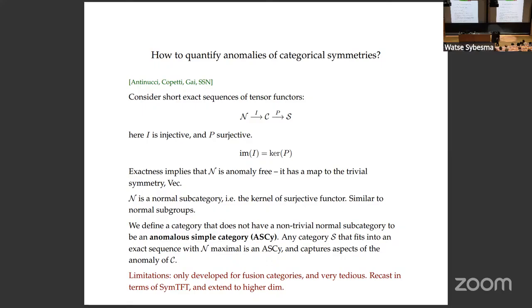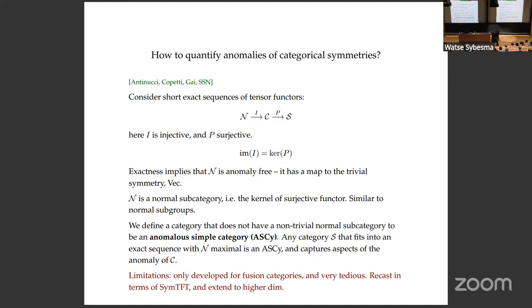And if this is such that the image of I is the kernel of P, it's a short exact sequence. And if it's exact, it implies that I can map N all the way to trivial. So N is anomaly free, because N can map to a trivial category, so I can trivialize it.